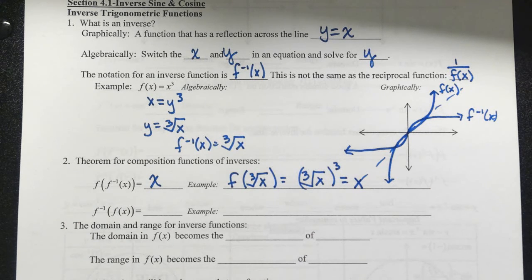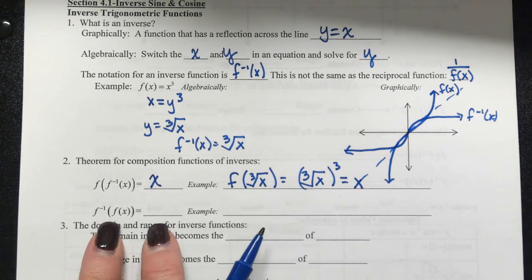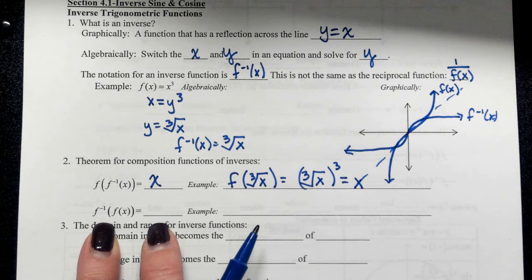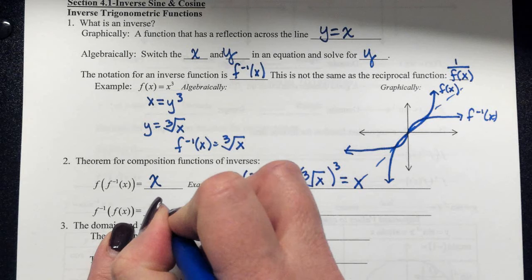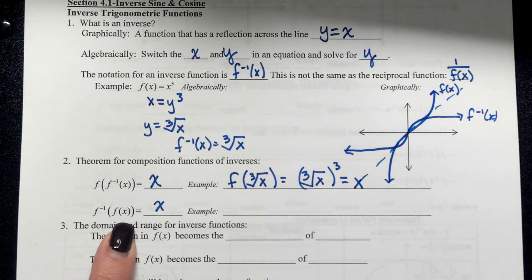So remember your composition rule, when you take a function and you do a composition, it will give you x. And again, this is the one time where composition would be commutative. If you take the inverse function and you plug in f of x, it would be equal to x.